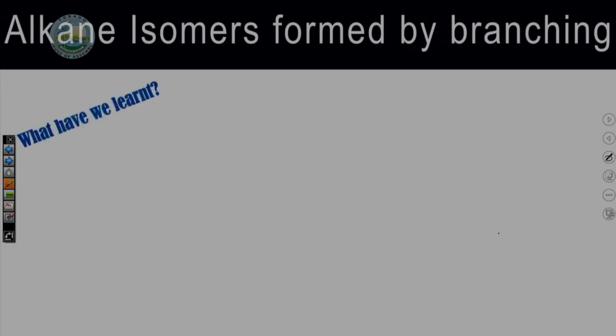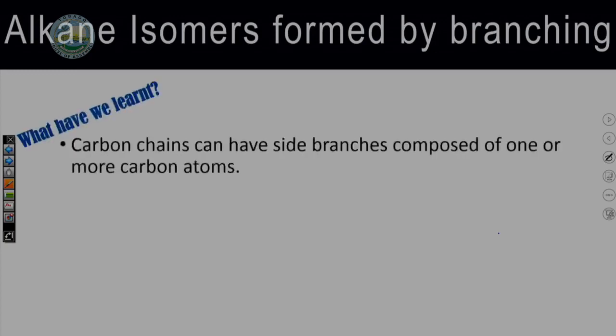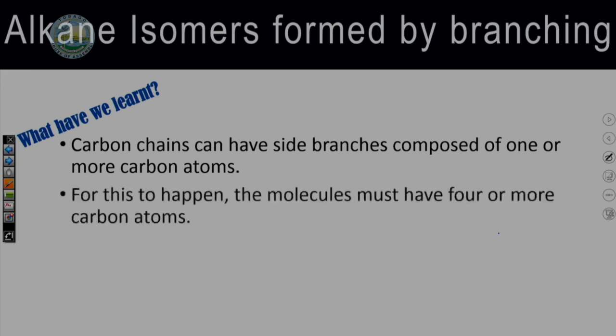All right, so what have we learned so far? We have learned that carbon chains can have side branches composed of 1 or more carbon atoms. So yes, it can have side chains composed of 1 or more carbon atoms. So in this case, we had 1 chain. There is some that can have 2 carbon atoms making up the chain, and we're going to have some more of that practice as we go down later on.